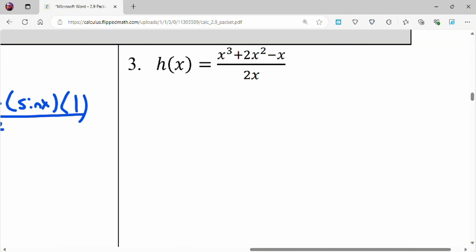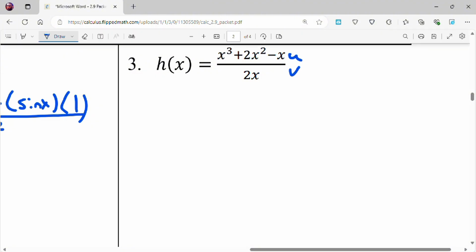Okay, next question. So we have v and u. However, if you notice, you have 3 terms on top and only 1 on the bottom. They all have x, and so what we can do is make each of those terms a fraction with the denominator of 2x, because that's going to make our ability to find a derivative a lot easier. So what do I mean by that?